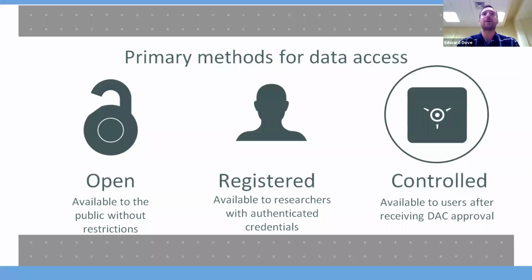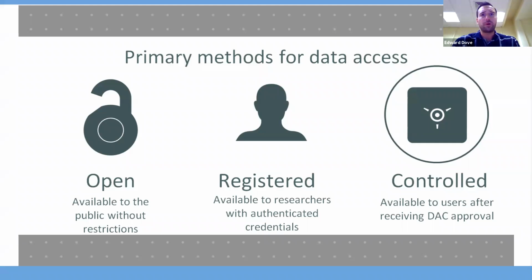So I suspect, as many of you are aware, there are different methods for accessing genomic and health related data. This is one schema, and obviously a very simplified schema, but the primary ways in which genomic and health related data can be accessed are: open, available to the public without restrictions, generally fully anonymous data. There might be some conditions, but in principle the data is open and available to various uses or conditional uses.